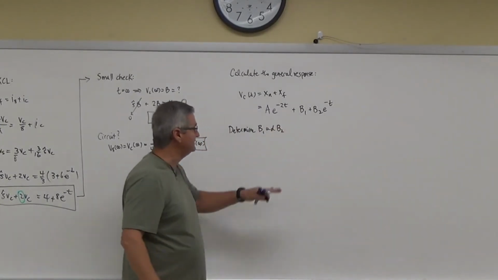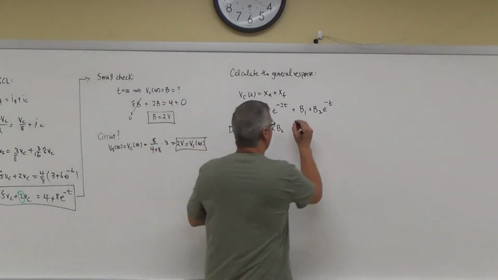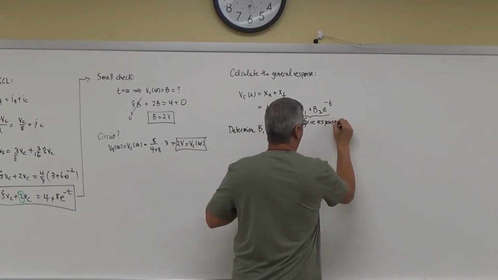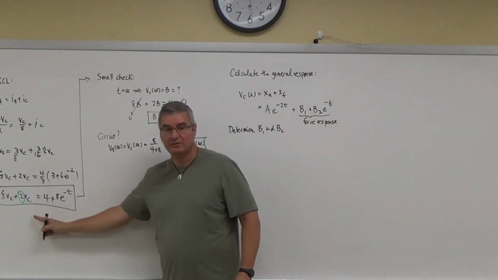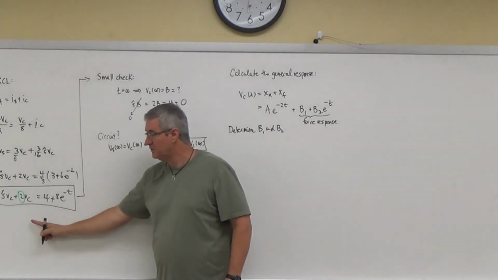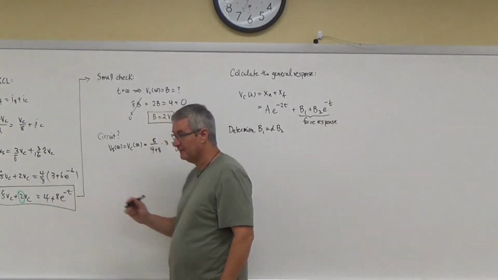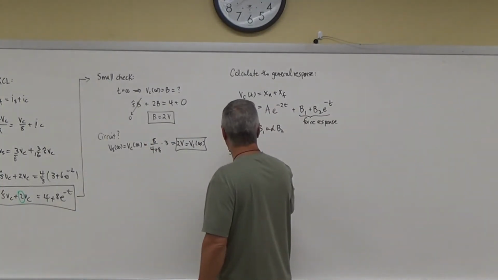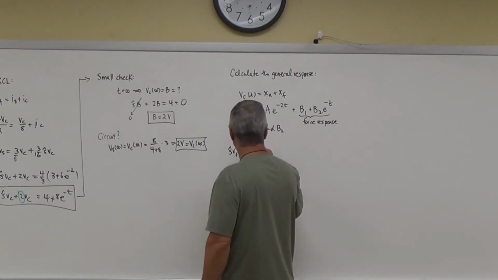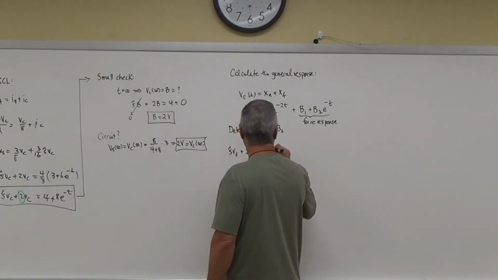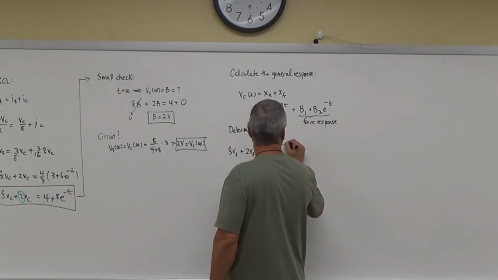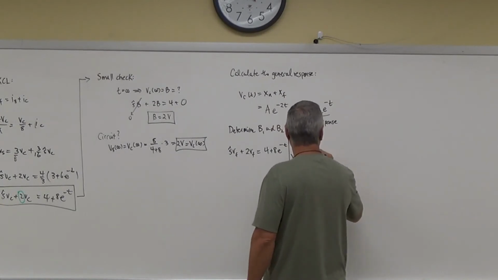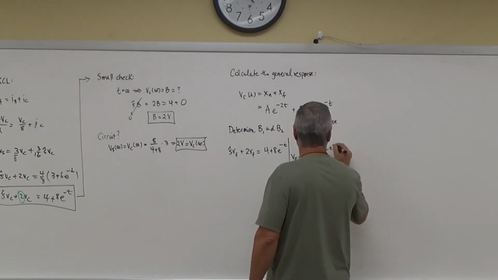The way I do that is I take my forced response and I plug it back into the differential equation. And then I force B1 and B2 to match these guys right here. So let's do that. So now I have S hat VC forced plus 2 VC forced has to equal 4 plus 8 e to the minus t. So now I'm going to plug in B1 plus B2 e to the minus t.